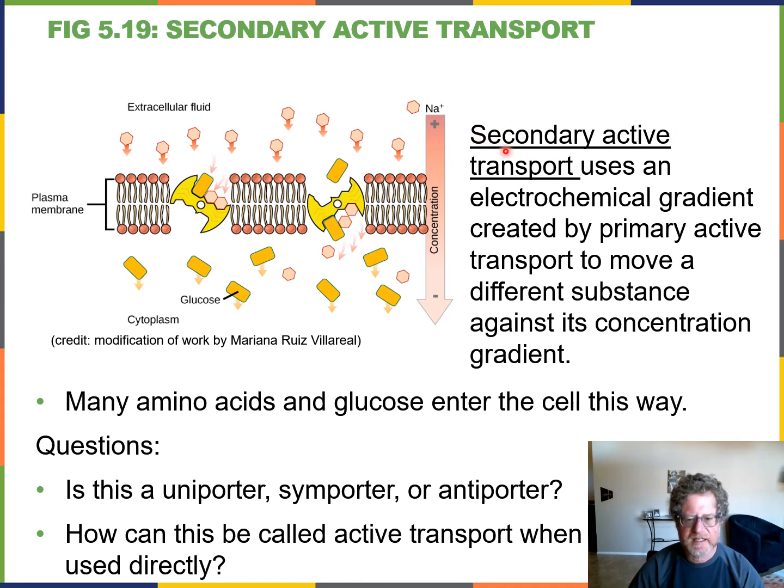So it's a secondary source of transport. Okay, and it says that many amino acids and glucose enter the cell this way. The ATP creates a concentration gradient. In this case, it's a symporter that carries the glucose, these rectangular molecules, along with the sodium.